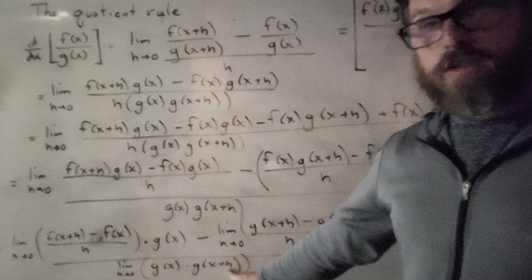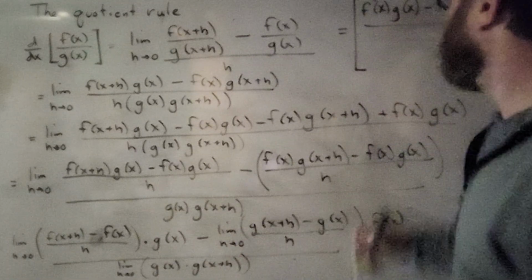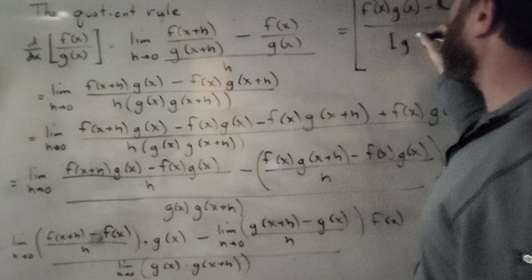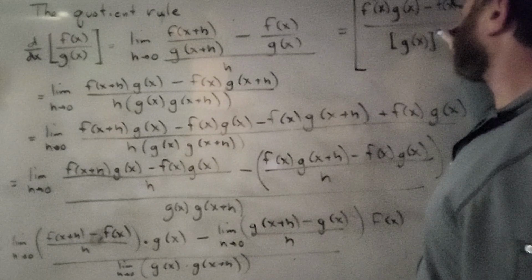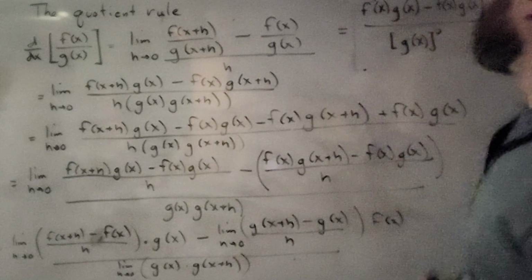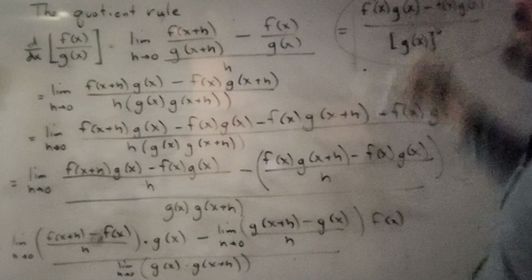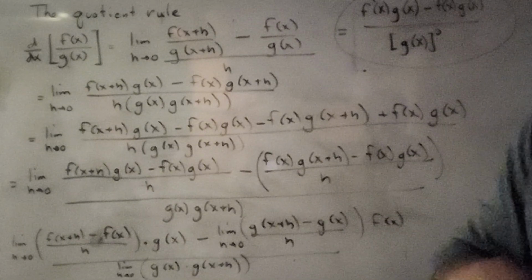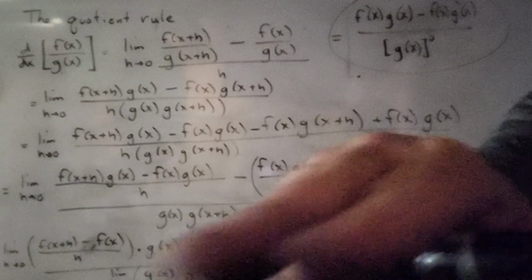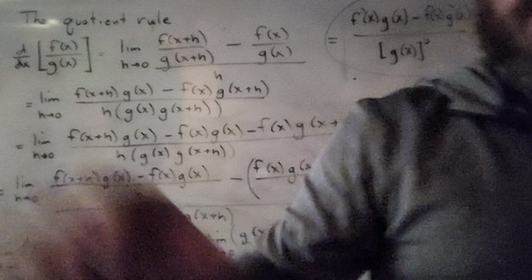As h goes to 0, this is also going to be g of x. So this is g of x squared. I don't need that bracket there. So this is what we're trying to prove. That is what we're trying to prove. And that's it. All right, I'll see you next time.